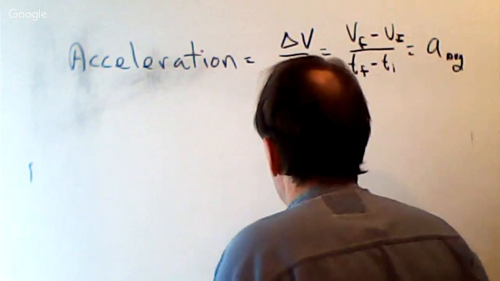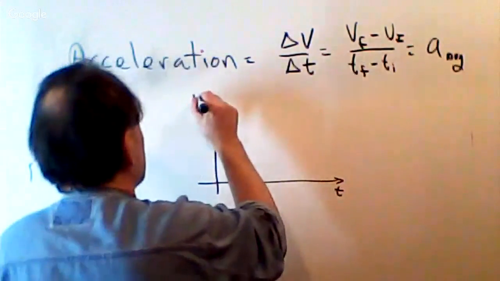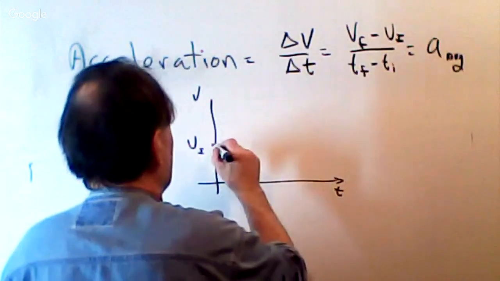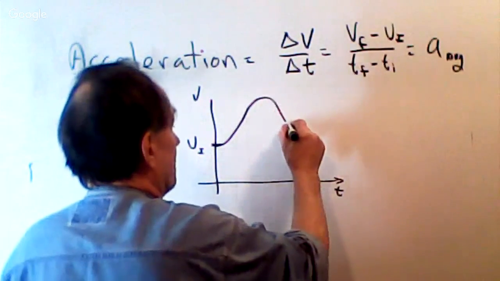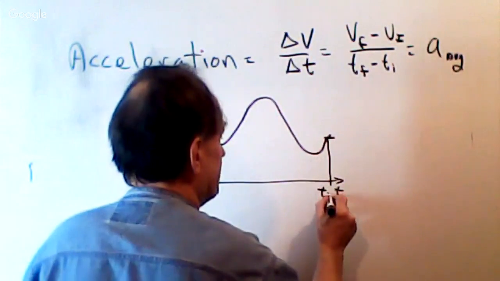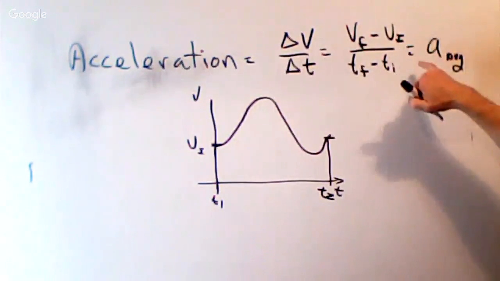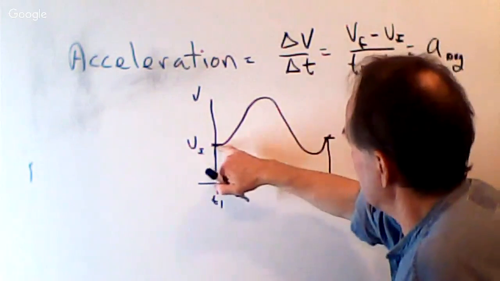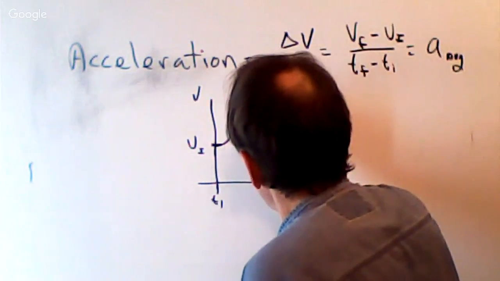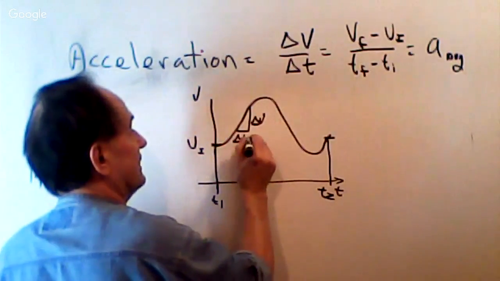Let's say we plot velocity with time. Here we have our initial velocity, and it could change over time, but if it ends up being the same value at, say, t2 as it was at t1, this calculation would give you an average acceleration of 0. However, instantaneously, the acceleration is the slope of this curve. It's the change in velocity over the change in time.